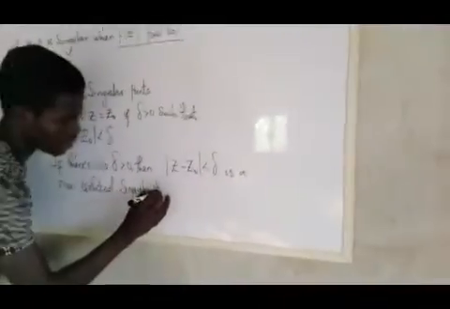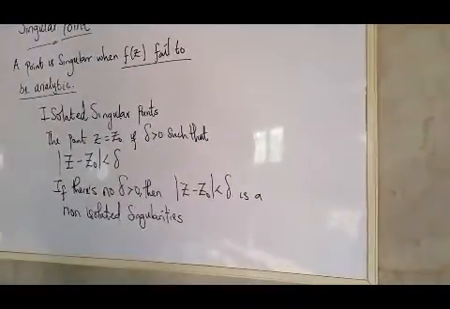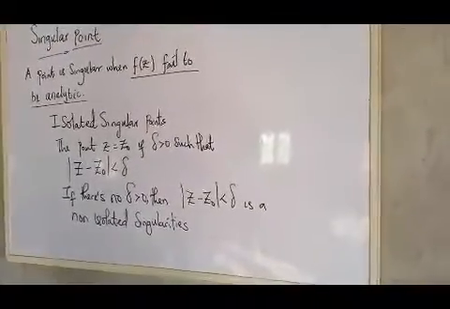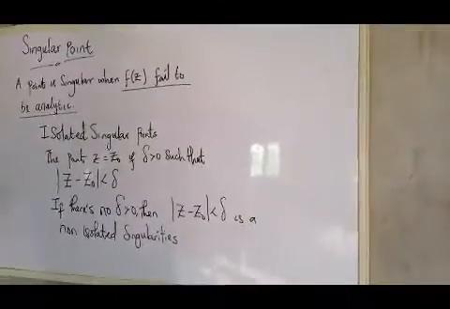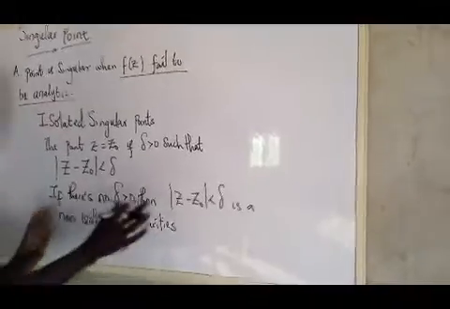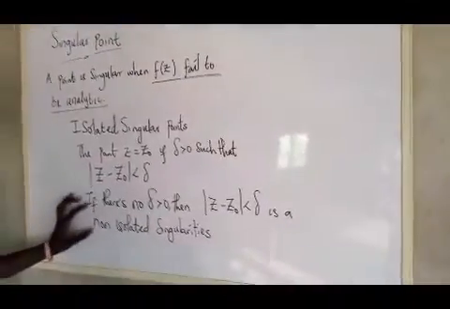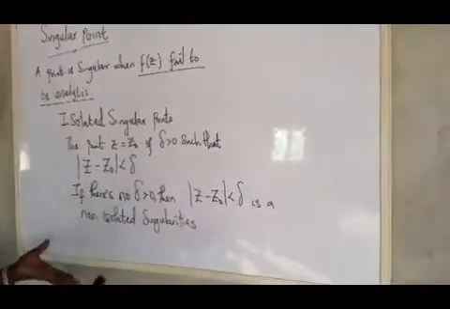Do you get that now? So, here we said if there is delta such that the absolute value of z minus z naught is less than delta, then we say it is an isolated singular point. But if there is no delta greater than 0, then it is no longer an isolated point. It is a non-isolated point.